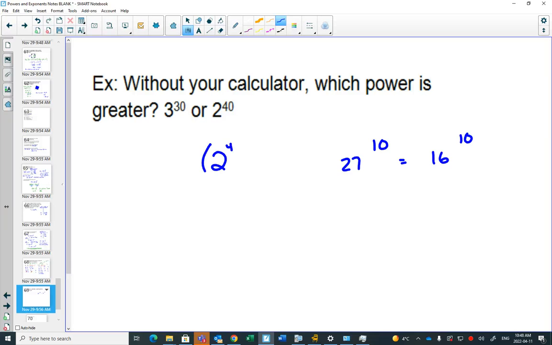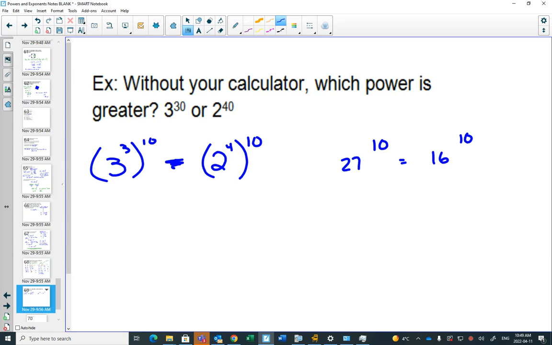I did 2 with an exponent of 4, isn't that one of our exponent rules? Power to a power, that's our power rule. You multiply the powers, that would be 2 to the 40. So I could write this as 2 to the 4 to the 10, and I could write this one as 3 cubed to the 10.